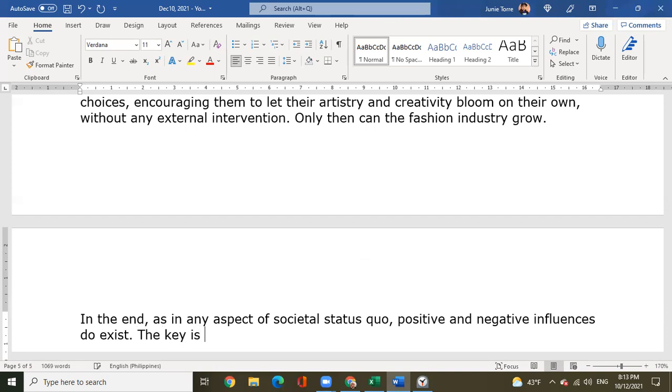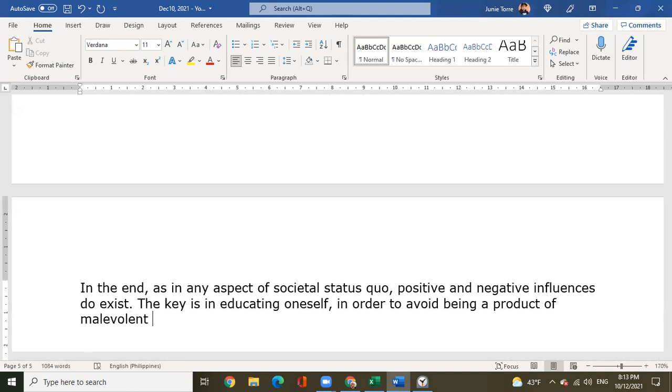The key is in educating oneself in order to avoid being a product of malevolent constructs. Yeah, that's it. That's my conclusion.